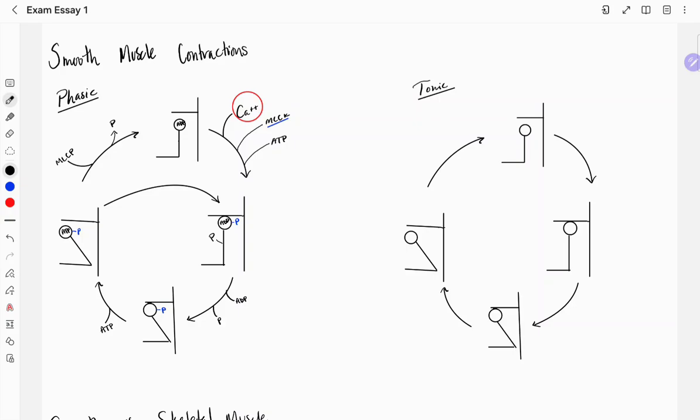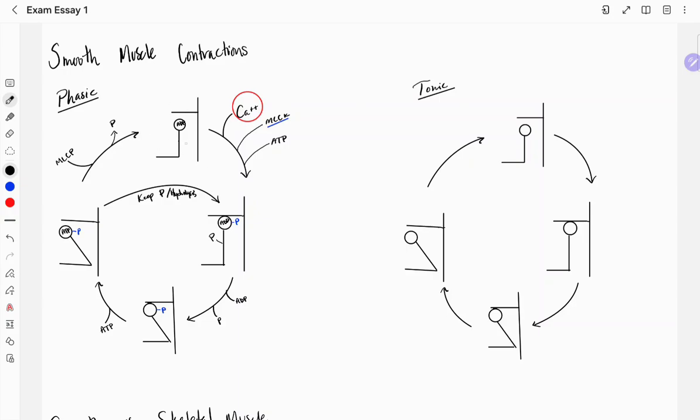However, if you have low amounts of calcium, you have high amounts of Rho kinase, and that is going to inactivate your MLCP, and that allows us to keep that phosphate and undergo hydrolysis, which will bring us right back here.